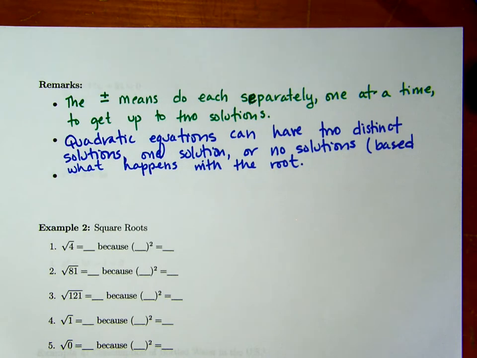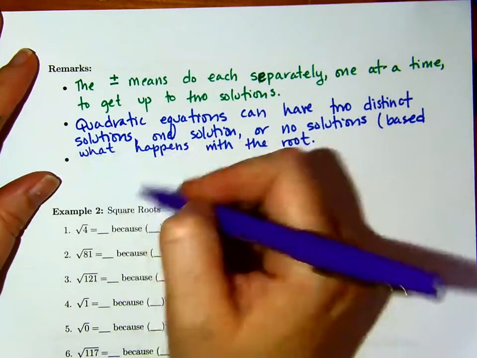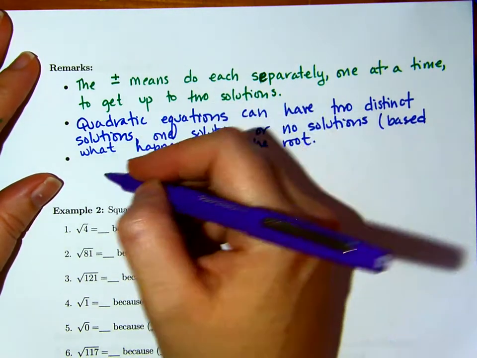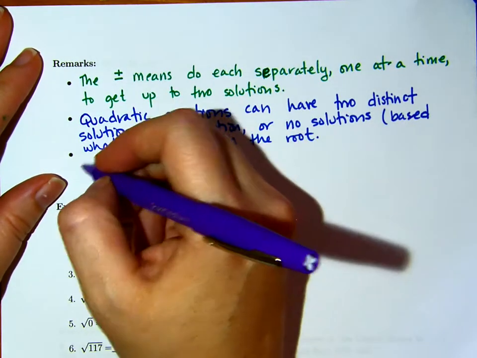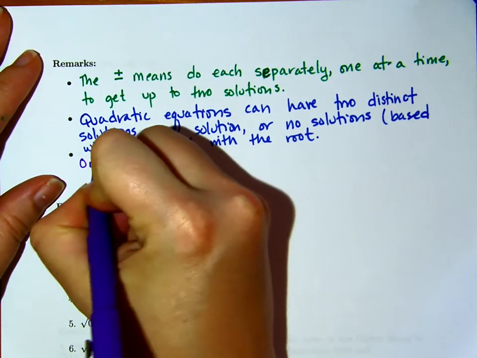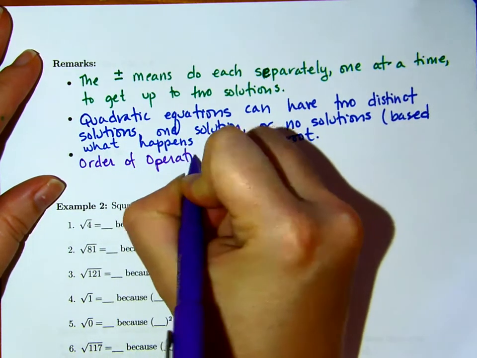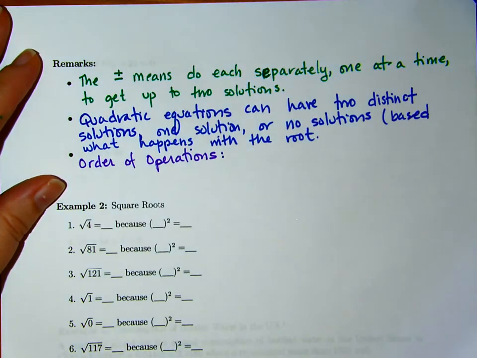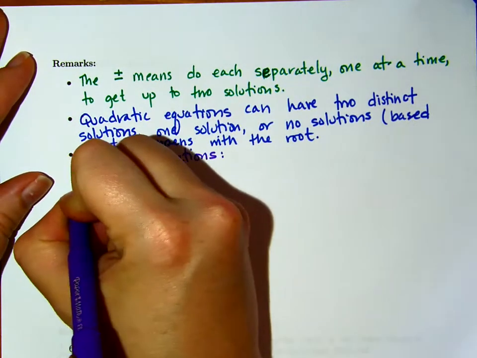Okay, and one more quick remark is that the struggle that I see most students have is the order of operations, or also copying it correctly. So, the order of operations for the quadratic formula goes: first, do under the radical. So, 1.